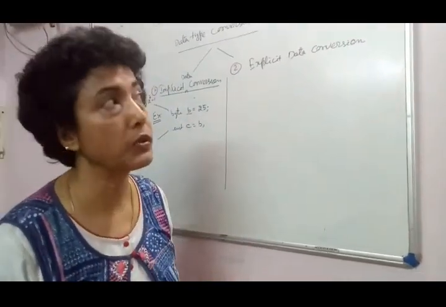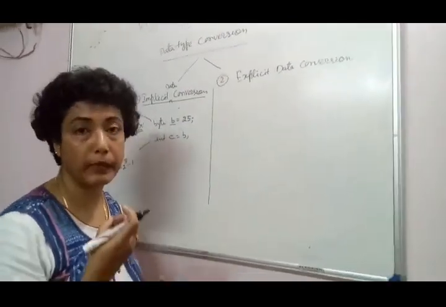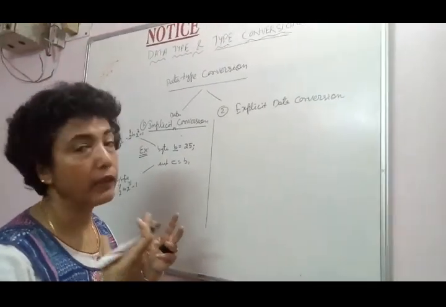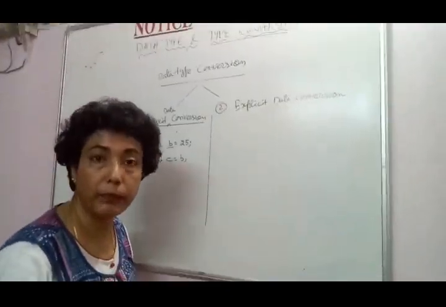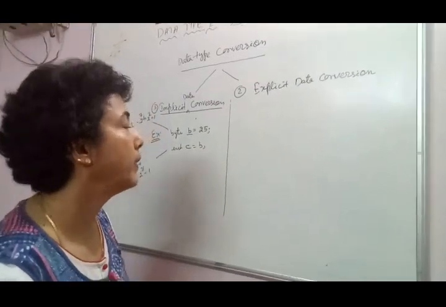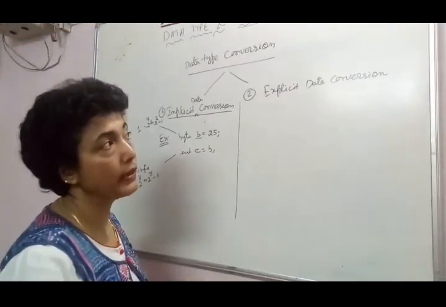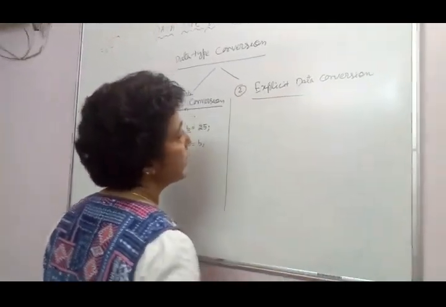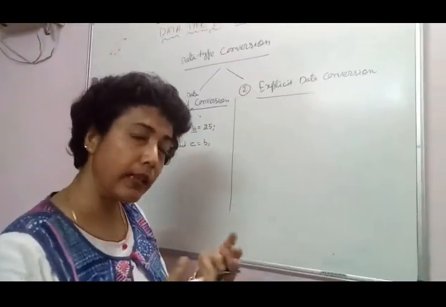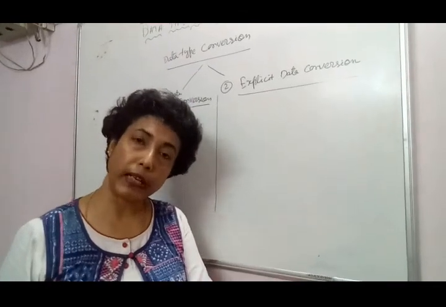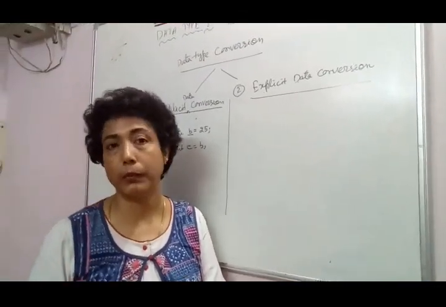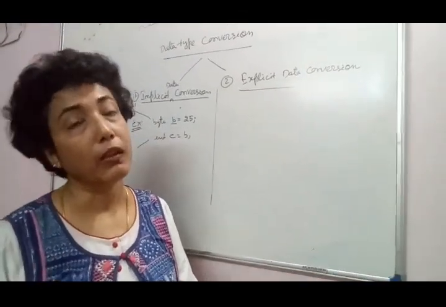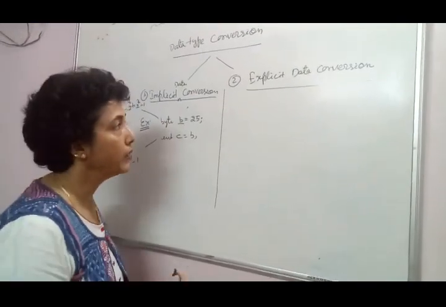The user has to write a separate explicit statement conveying that this type of conversion is taking place in the program. This is known as explicit data conversion or typecasting. Because a higher data type is getting converted into a lower data type, there is a possible loss of precision or value in this type of conversion.